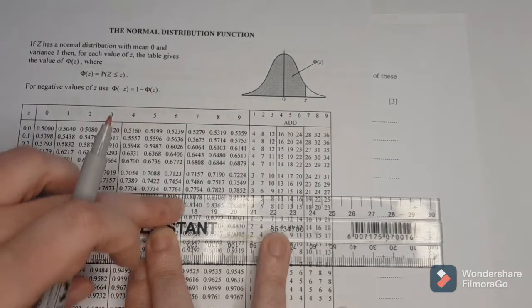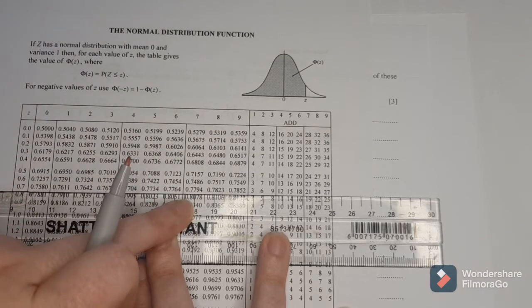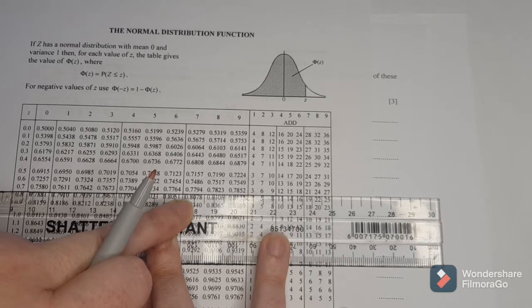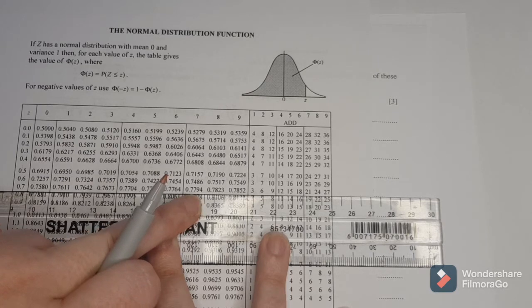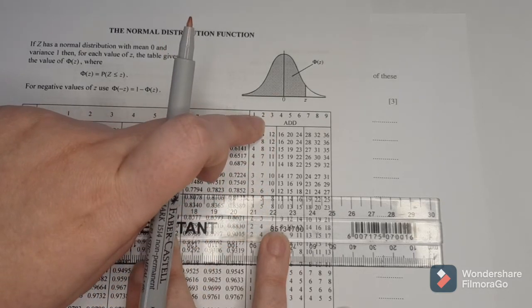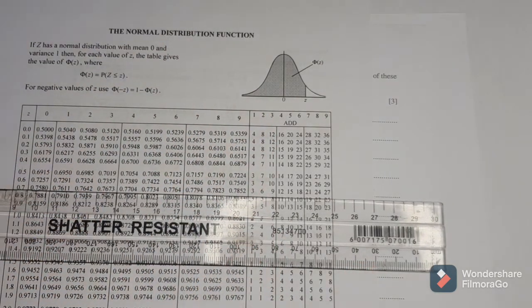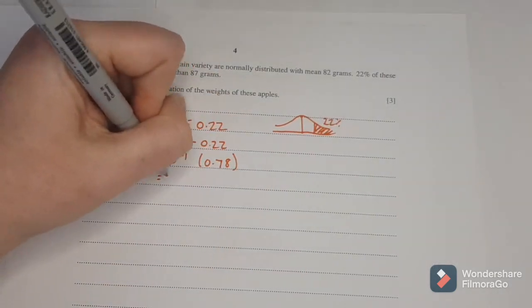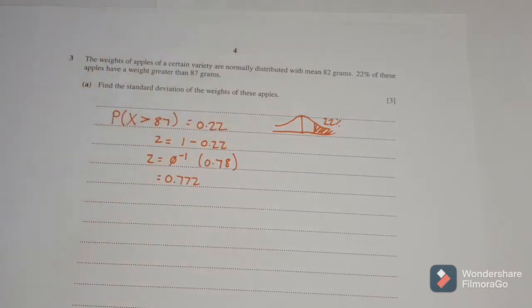So 0.7 and then 7. And then I look, what can I add in order to get that to 0.78? Okay, and since I am missing 6, because that's 94, I can see that by adding 6, that means 2. So I've got 0.772 for my answer. Okay, and now I have the z.